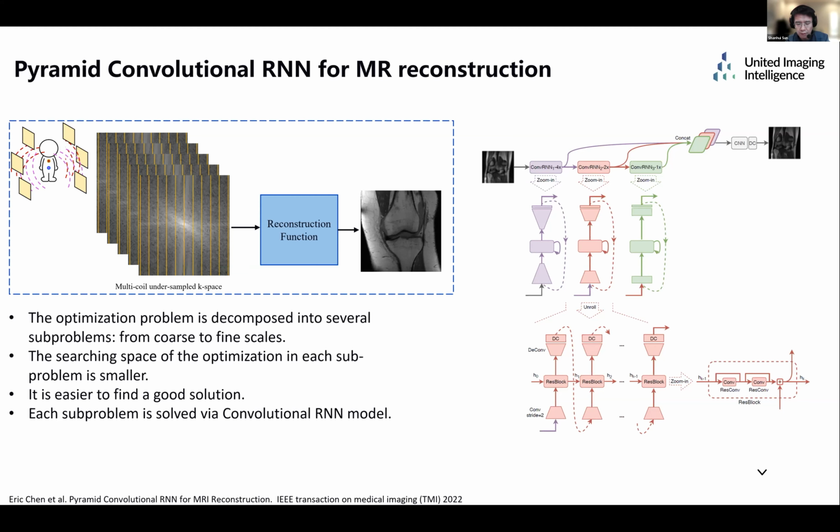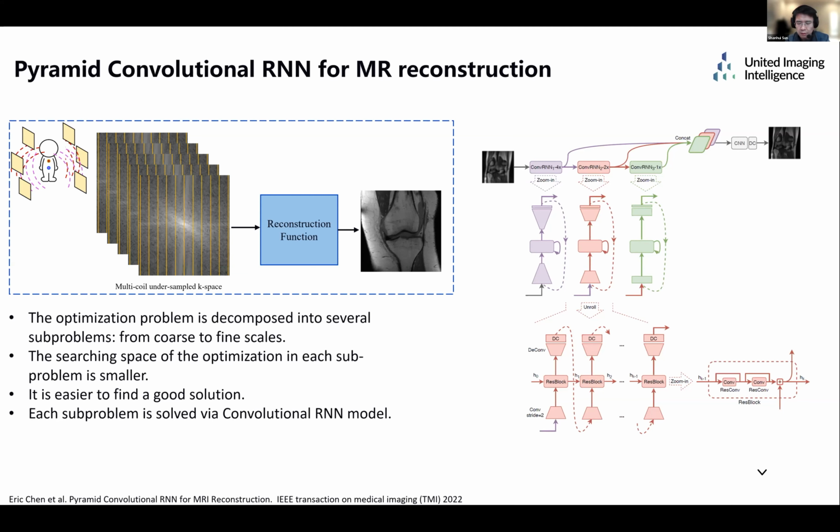First, we recover the image from the lower scale, then the middle scale, until we recover the image at the original resolution. Then finally, we combine these results for the final recovered image. In this way, the problem becomes easier, and the network can easily find a good solution.